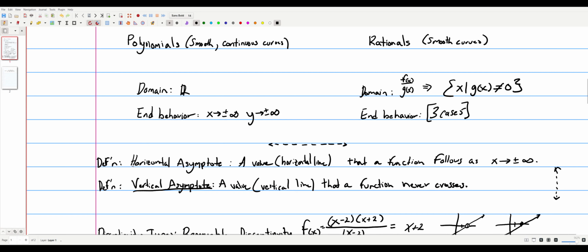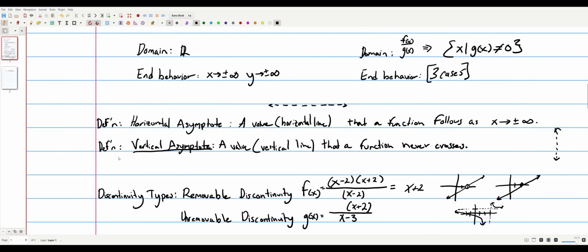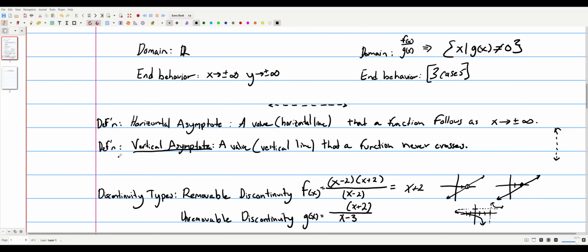Polynomials don't have horizontal or vertical asymptotes, but rational functions actually have both. Vertical asymptotes give us two different discontinuity types: a discontinuity type that's called removable and one that's called unremovable.